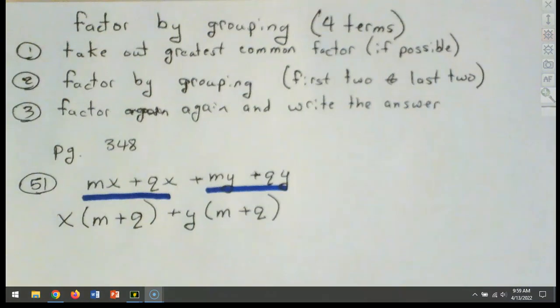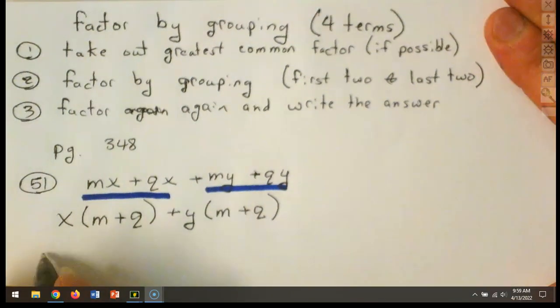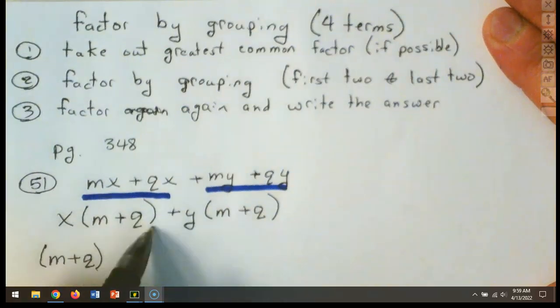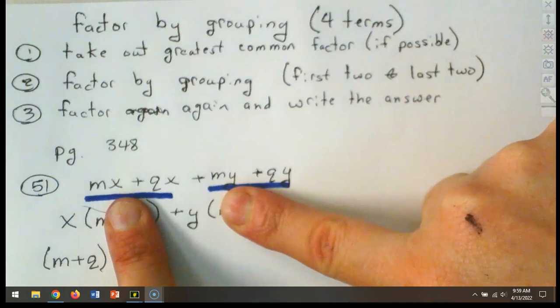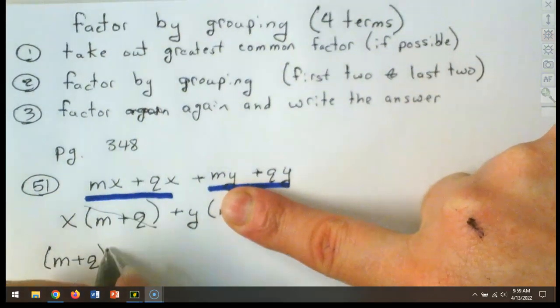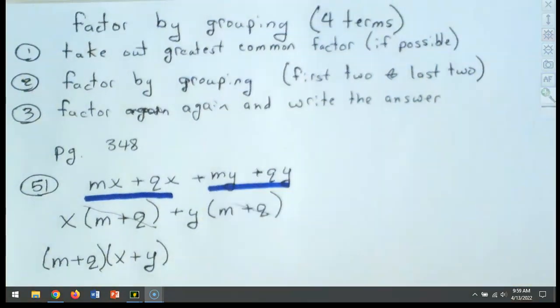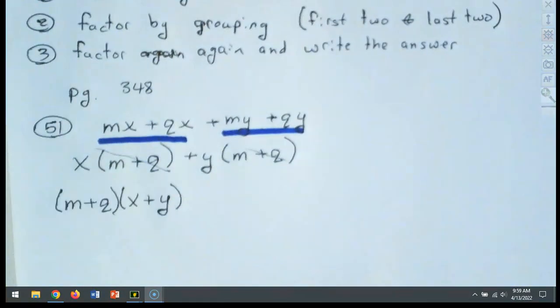Are those parentheses exactly the same? Yes, they are. Okay, that comes out. So that means my final answer would be M plus Q. That came out. So gone, covered up. Okay, and what's left over? Yep, X plus Y. That's it. And that's your final, finished, factored answer.